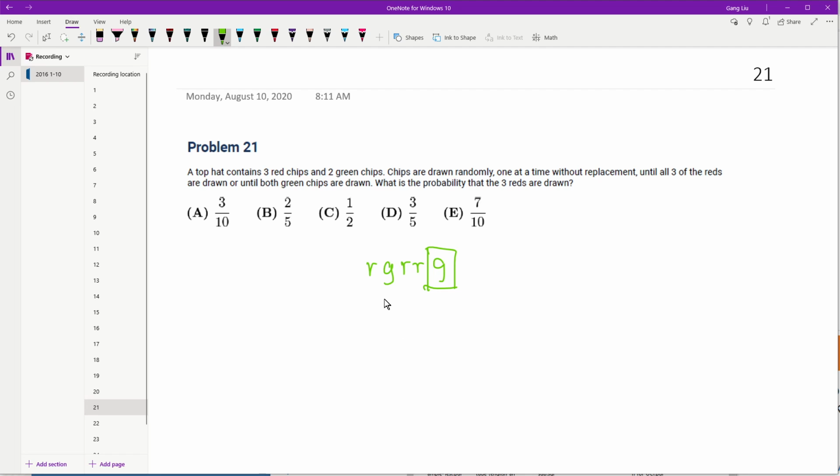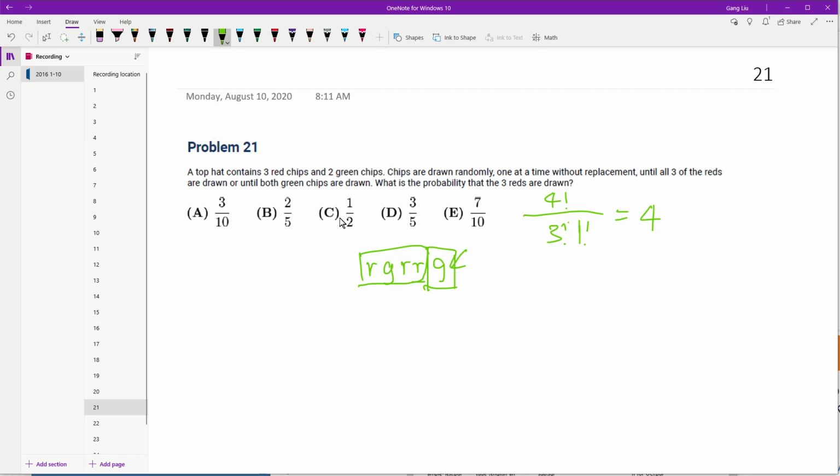So if the last is fixed as green, then the way to pick the first 4 chips is how we arrange it: 4 factorial divided by 3 factorial and 1 factorial. It's a permutation with duplicates, with 3 R and 1 G. So that's actually equal to 4.